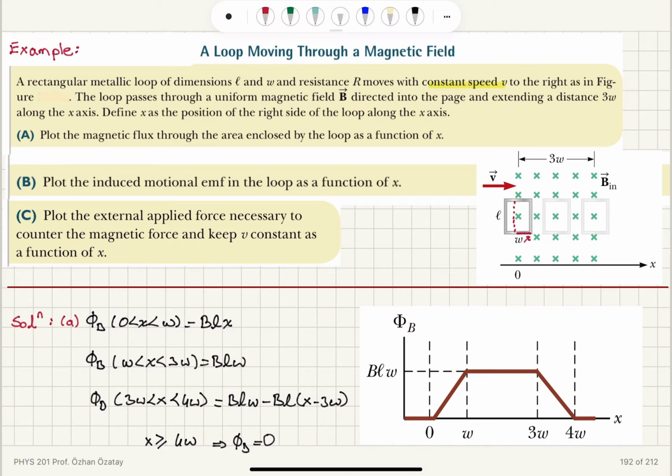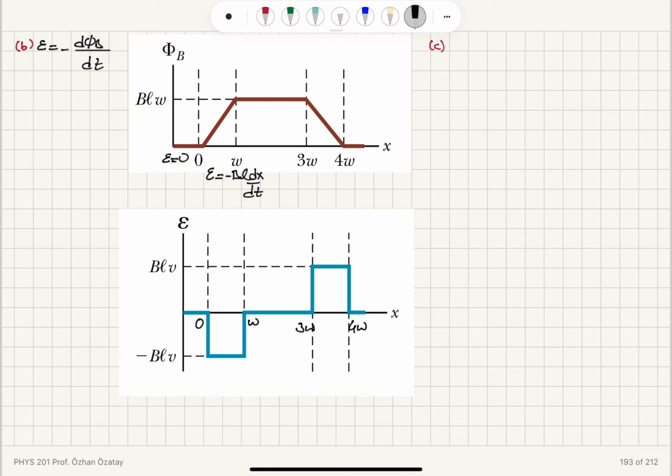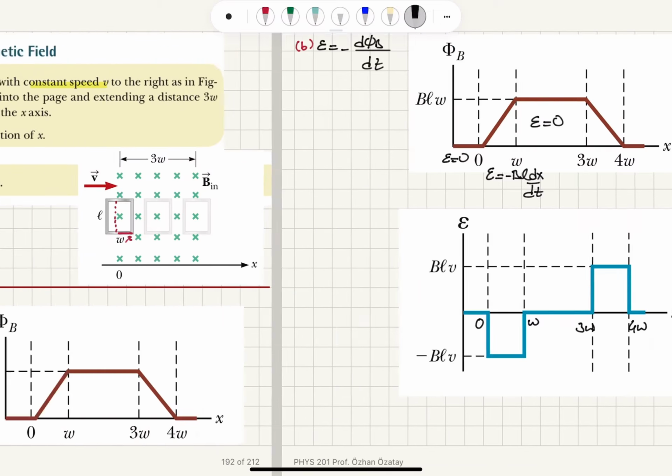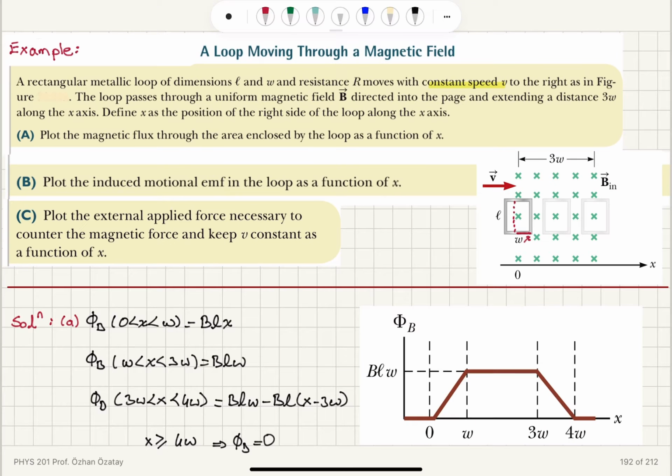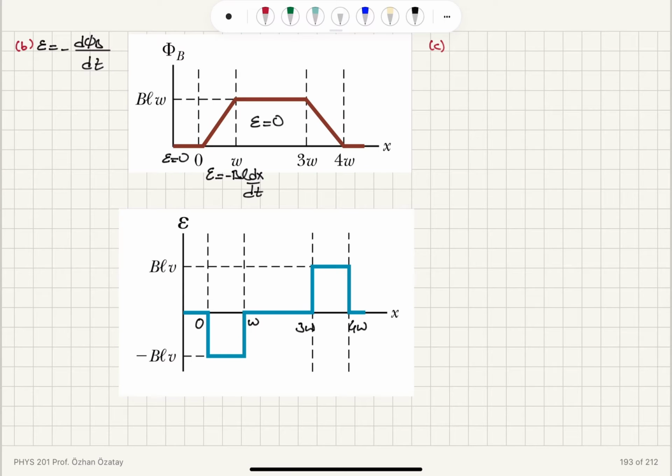Then we have the derivative of BLW, which is going to correspond to 0 induced EMF. Between 3W and 4W, the derivative of BLW is 0, minus BLx, the derivative becomes plus BL dx dt with the minus sign for induced EMF. So here epsilon will be equal to BL dx dt, and outside, x greater than 4W, we will have 0.